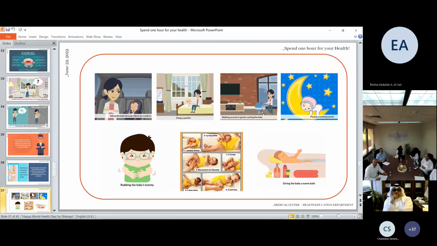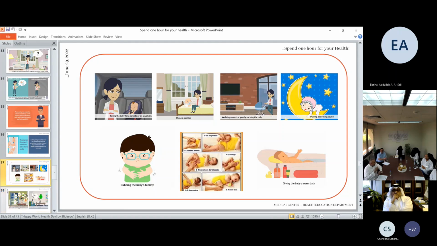We can use a pacifier. We can swaddle the baby, or carry the baby. Some babies like to be carried on their abdomen facing the parents, and others like to be spoiled.